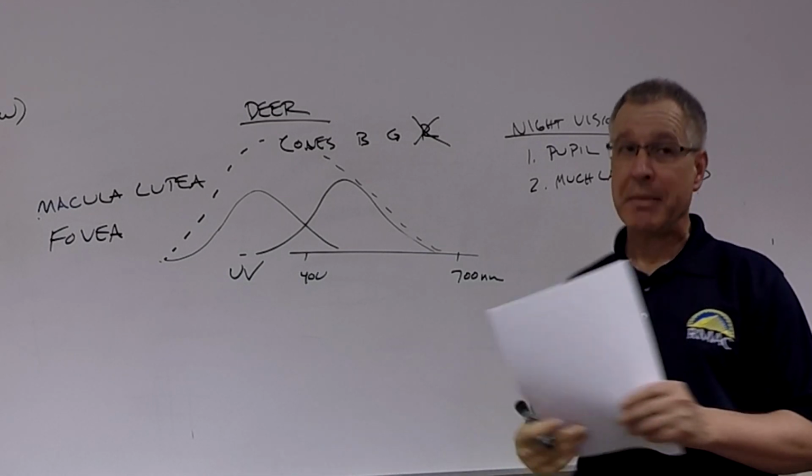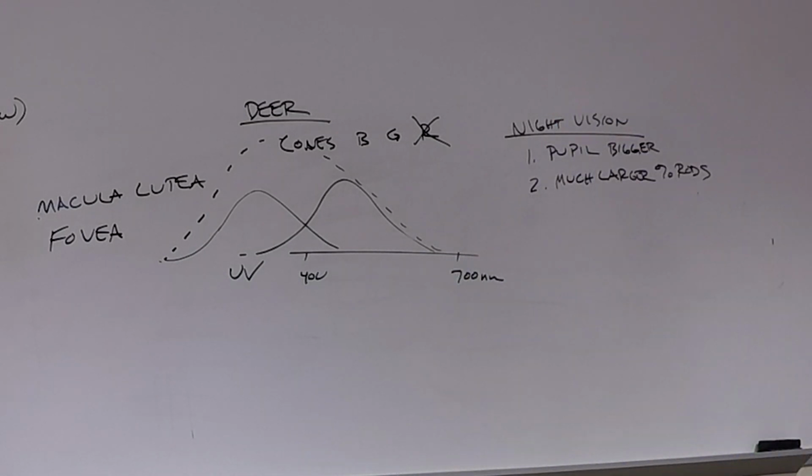They've got a retina packed full of rods. Why is that good? Those are really good dim light detectors. Read somewhere it's almost 90% of the retina is rods, so they've got lots of really good dim light detectors compared to us.